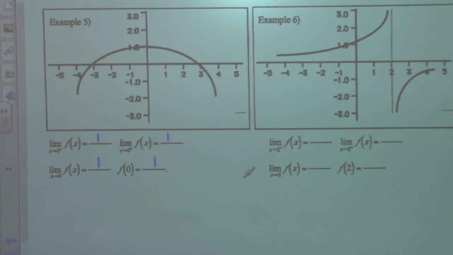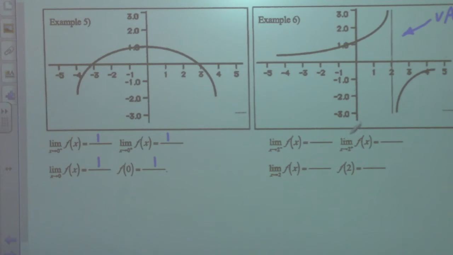So next one, example 6. The limit as x approaches 2 from the left side. What's our limit here? What is this thing right here? Almost. It's a vertical asymptote.